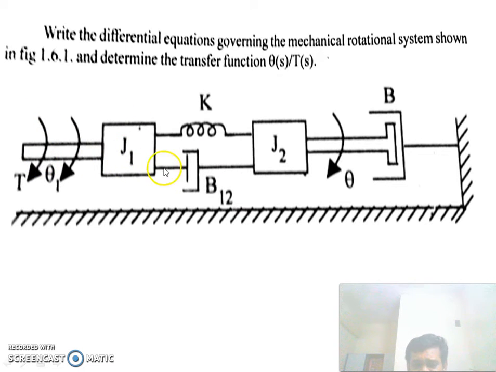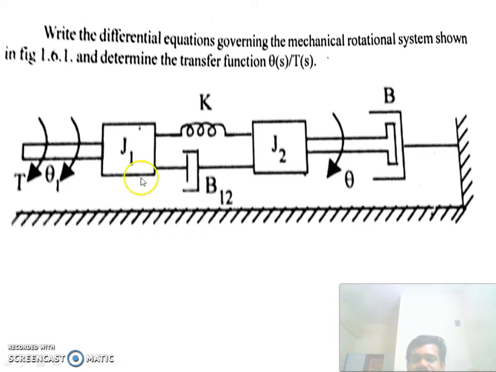Due to J1, TJ1 is equal to J1 into d square theta 1 by dt square, and the opposing torque due to the spring K is TK equal to K into theta 1 minus theta, and due to the dashpot B12, TB12 is equal to B12 into d by dt of theta 1 minus theta.